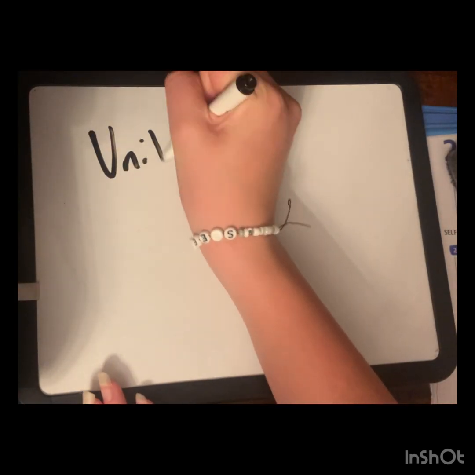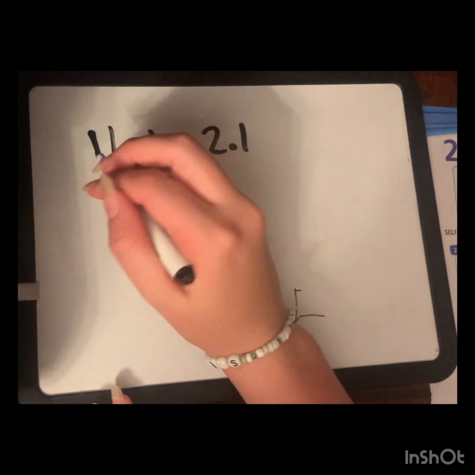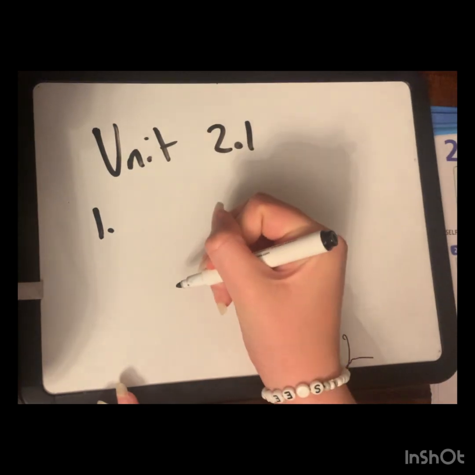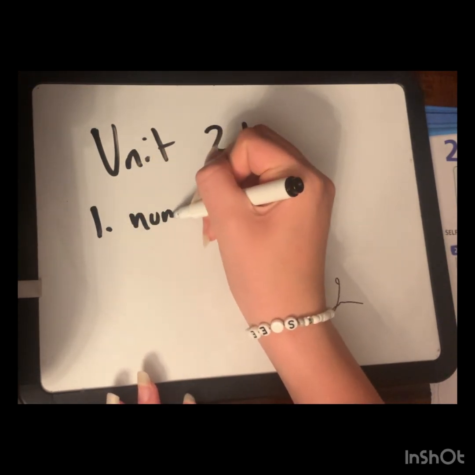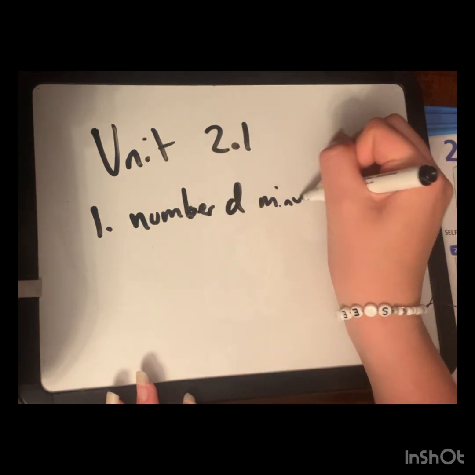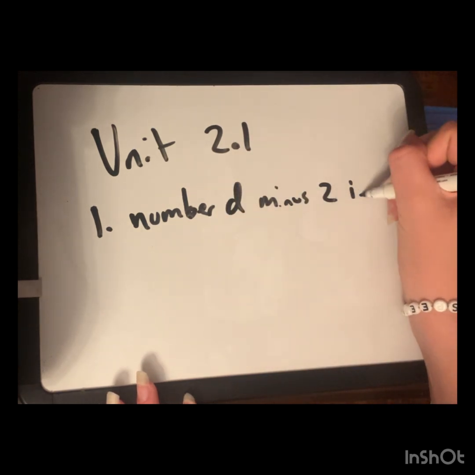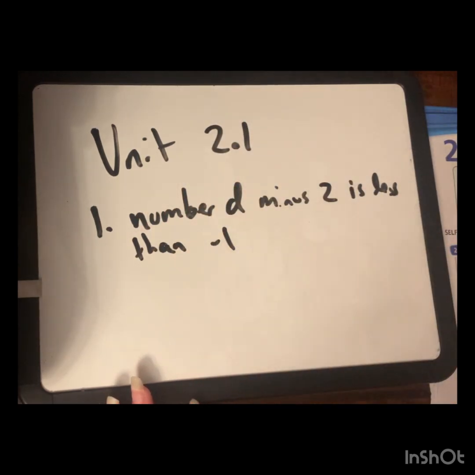So we're going to do unit 2.1, chapter 2.1, which is writing and graphing inequalities. Now on the first chapter review question, it asks you, write number D minus 2 is less than negative 1.